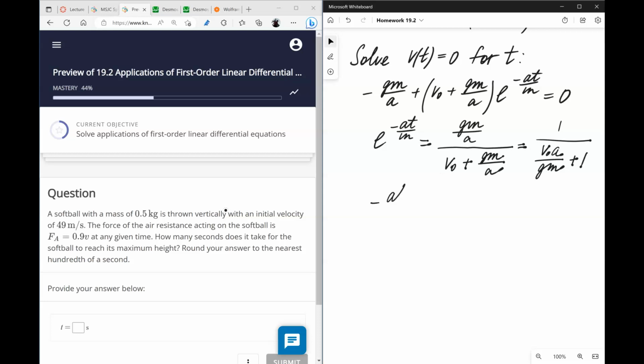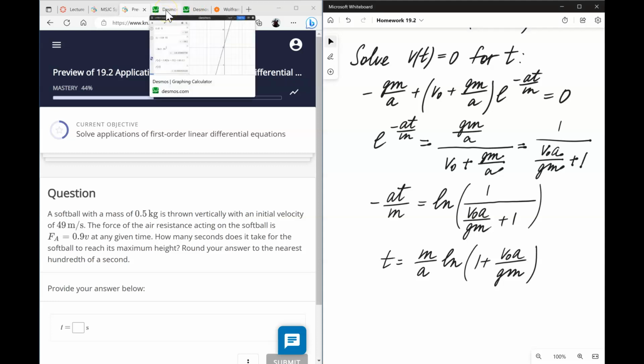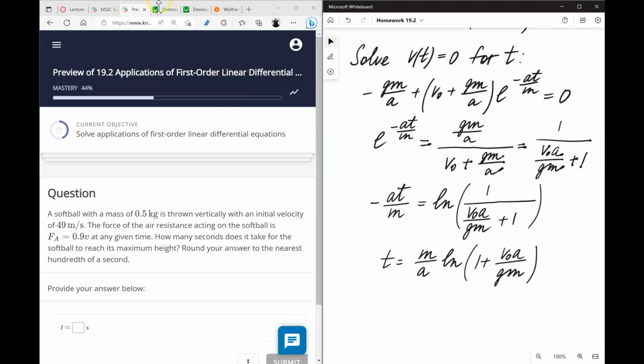And finally, this is the answer. And what I'm going to do is I'm just going to type this formula.